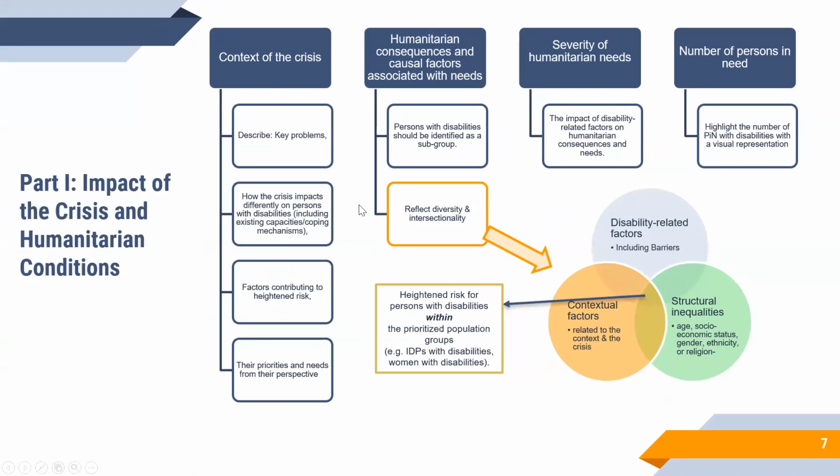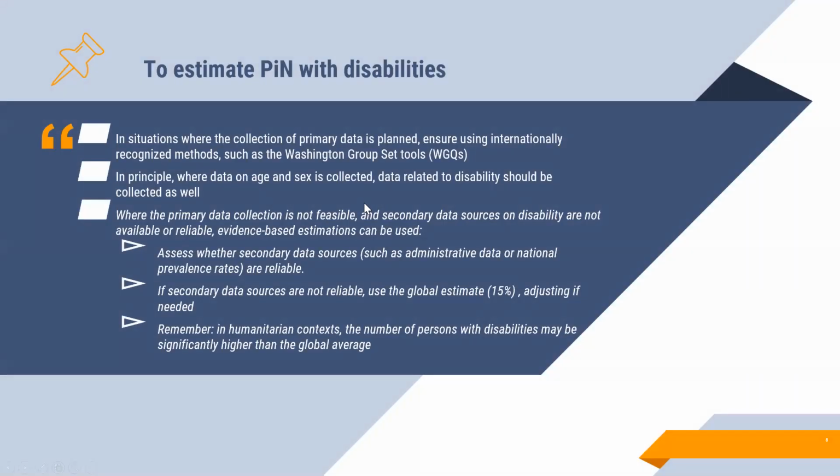This is the part of impact of the crisis, but this is not the only part. We usually have some questions regarding how we will estimate the persons in need with disability. Usually in this situation, the first answer is that if you have a primary data collection that you will collect to understand the need and the number of persons in need in your crisis area, it's very important to ensure that you use some methods to identify persons with disability within this group.